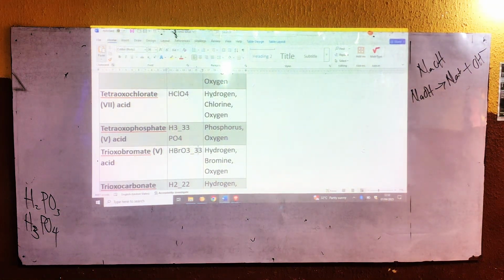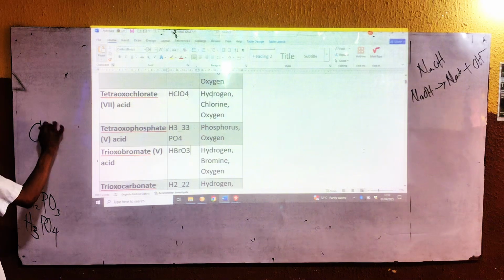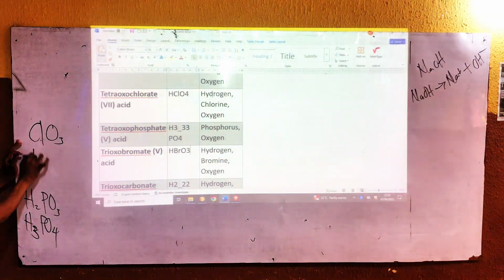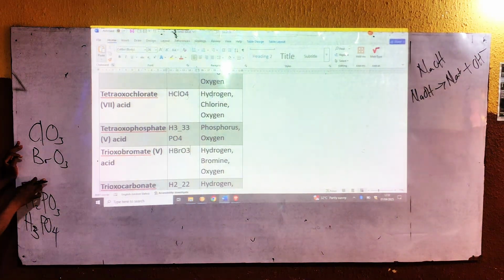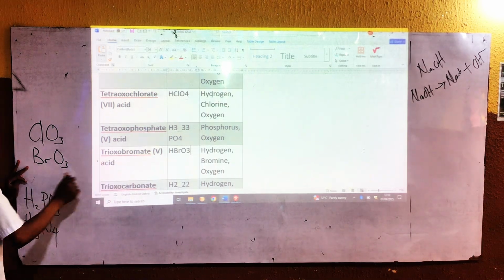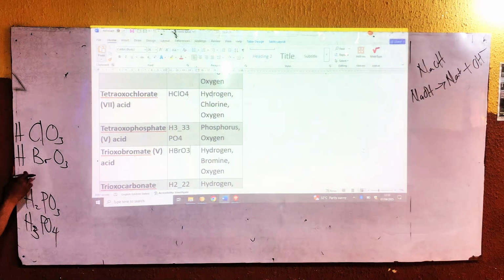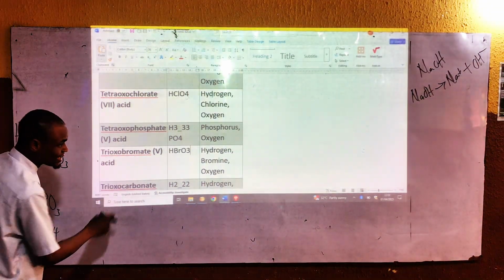We also have more of these acids. So therefore we are going to have several acids. I get it now. Yeah.